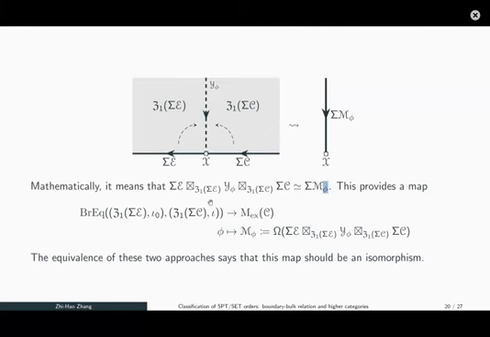So mathematically, it says this relative tensor product of fusion 2-categories is equivalent. So this gives a map from the set of braided equivalences to the set of minimal modular extensions. And the equivalence of these two approaches says this map should be an isomorphism.